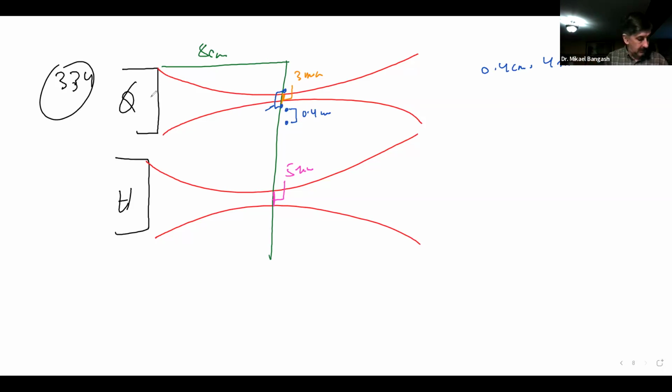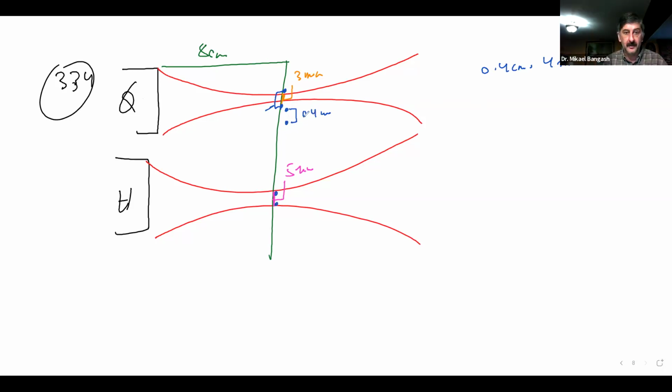So here these two structures would appear clearly, whereas here the width of the beam was 5 millimeters, where the distance between the two structures was 4 millimeters.